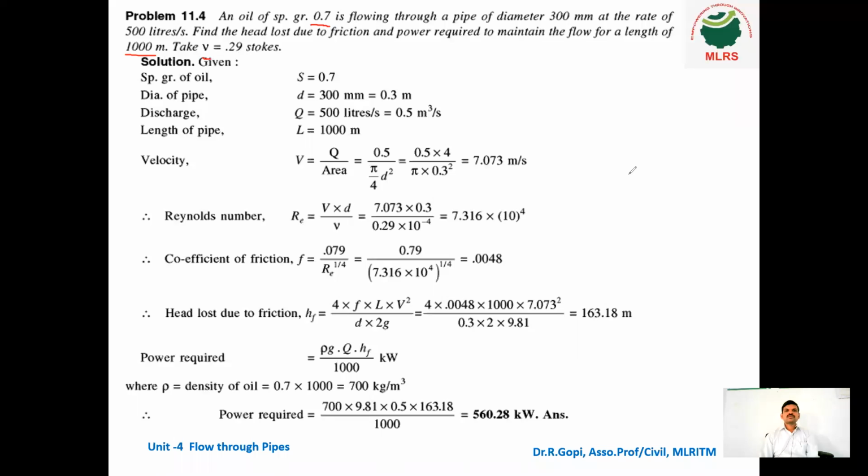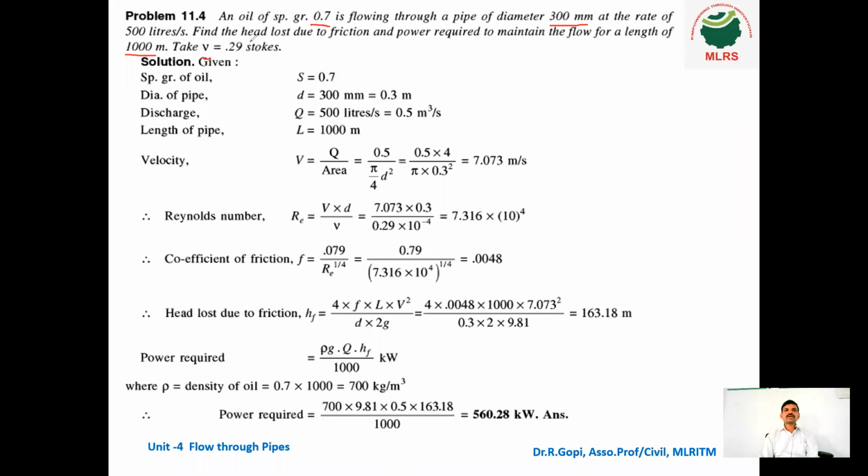Once you know the formula, it is very easy. There are two steps in this problem. So I will read the question once again. In this problem, they gave specific gravity, the diameter of the pipe 300 mm, and the rate of flow 500 liters per second.